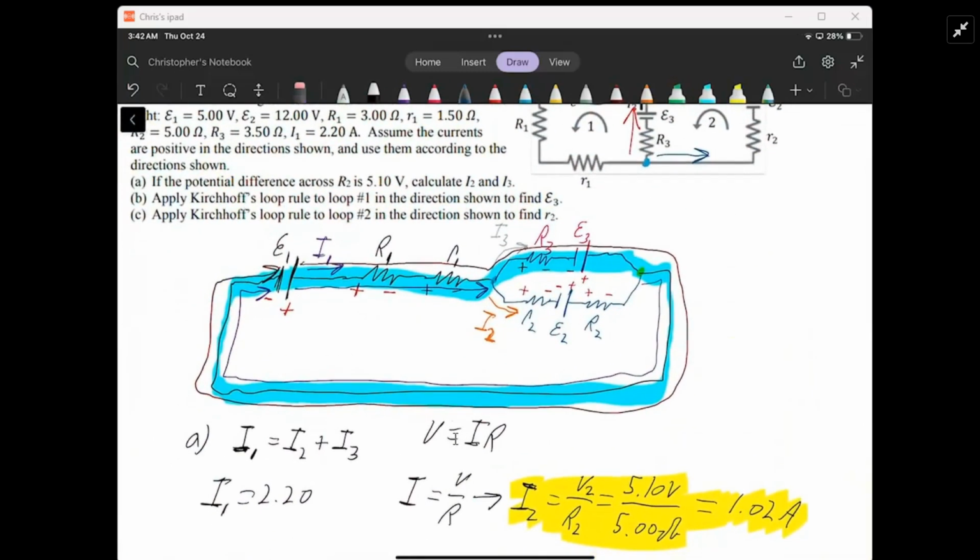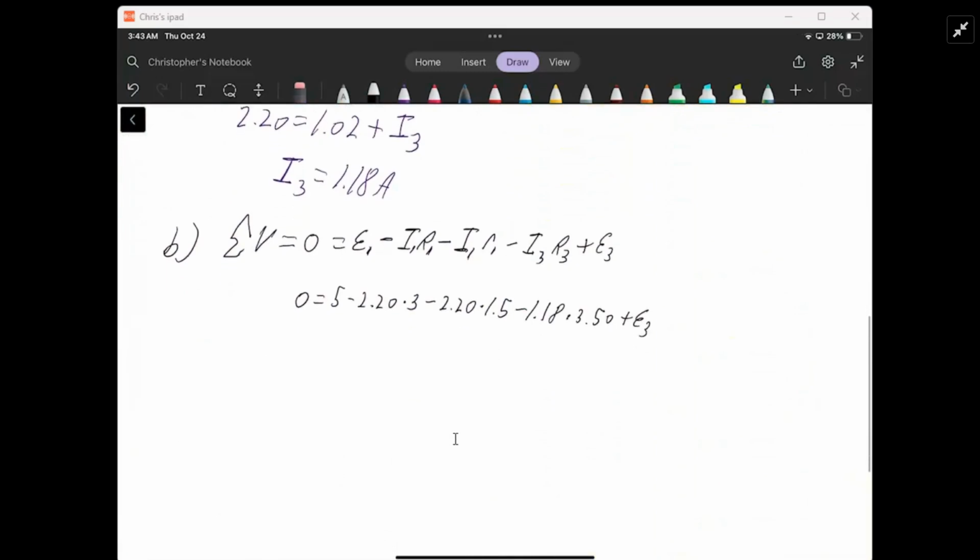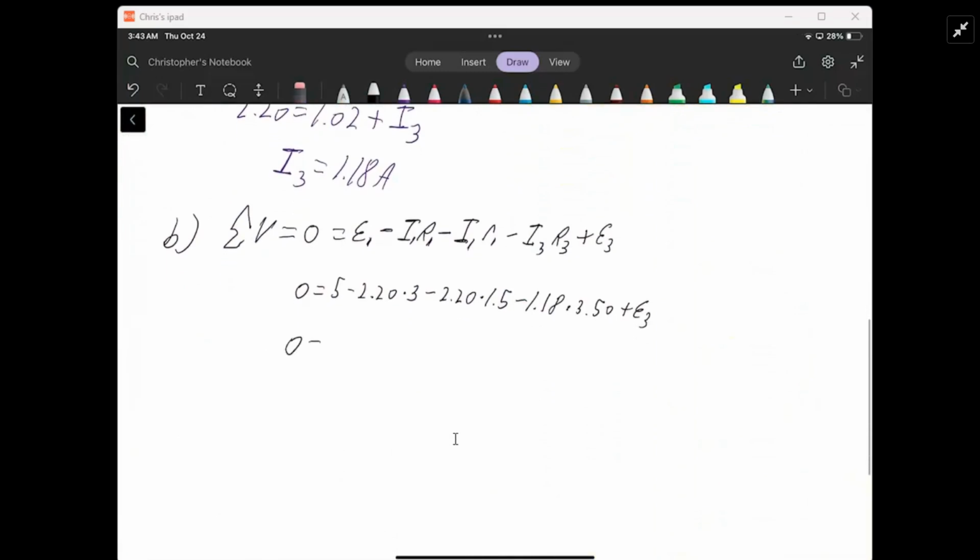That's the question in part B. So when you do some simplification, you're going to get negative 9.03 plus E3, and that's just going to end up giving you 9.03 volts.